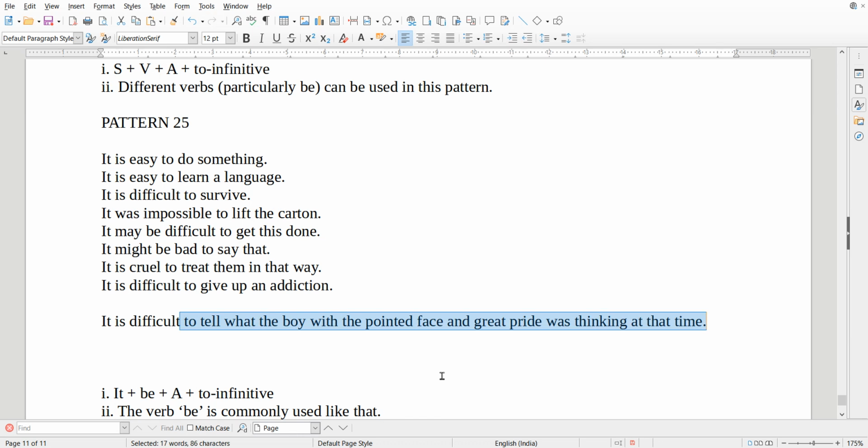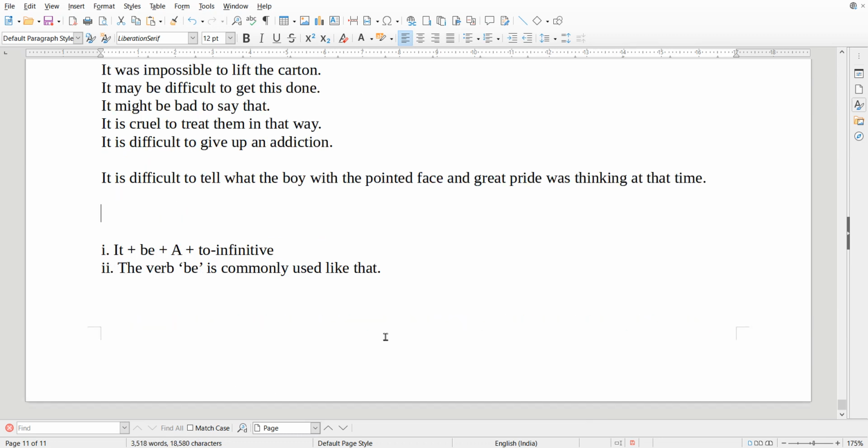Is difficult. To tell what the boy with the pointed face and great pride was thinking at the time is difficult. That's the meaning. So, yes, I'll write that non-committal. In fact, it's perhaps the only verb which can be used in this pattern. Yeah, but the pattern that they have given is it plus be plus adjective, so that's what applies. So it doesn't make sense to write this. Okay.